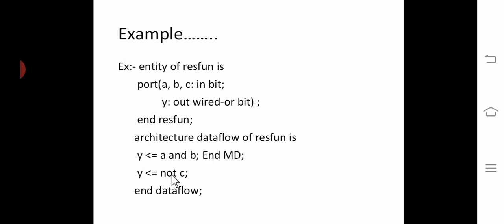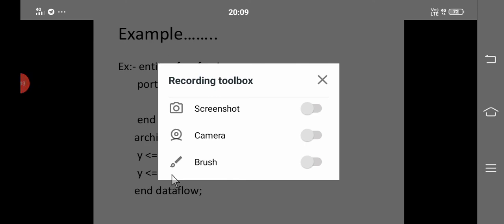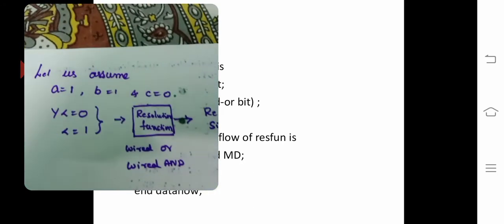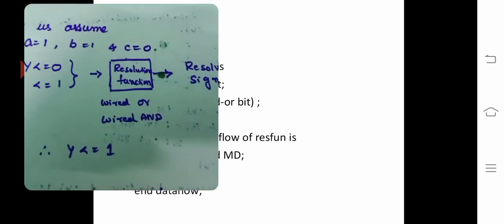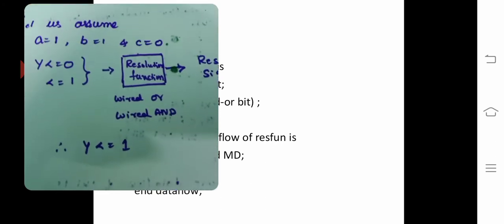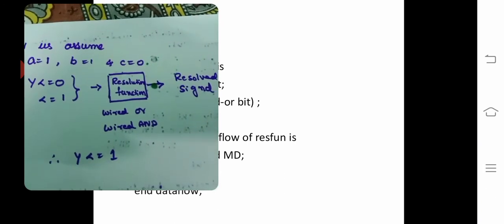I will take some initial values. Here I will take a is equal to 1, b is equal to 1, and c is equal to 0. So when a is equal to 1, b is equal to 1, and c is equal to 0, what is your equation according to your circuit?